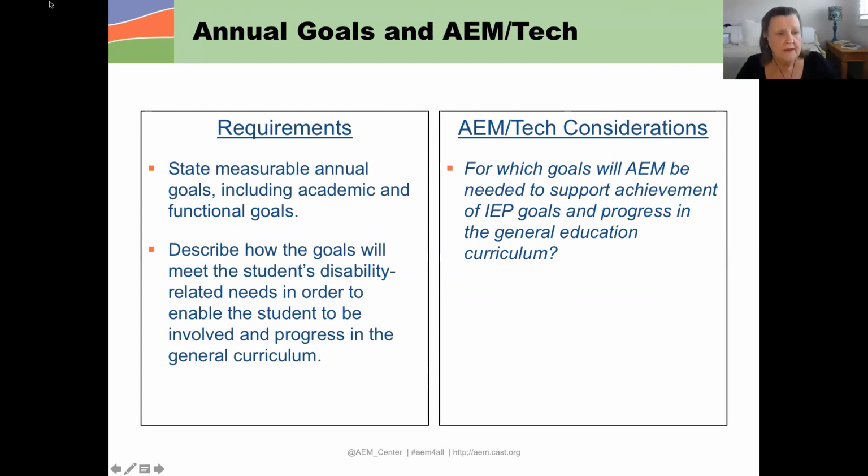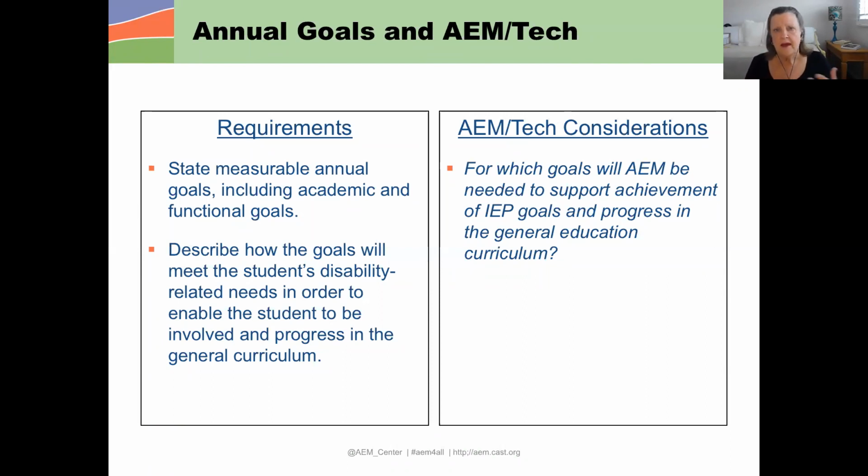Sure. The key, as you know, is that the requirements are to state the measurable annual goals, and both academic goals and functional goals, also curricular and extracurricular, and then to describe how those goals will be met because of the student's disability-related needs, so that the student can be involved and make progress in the general curriculum.